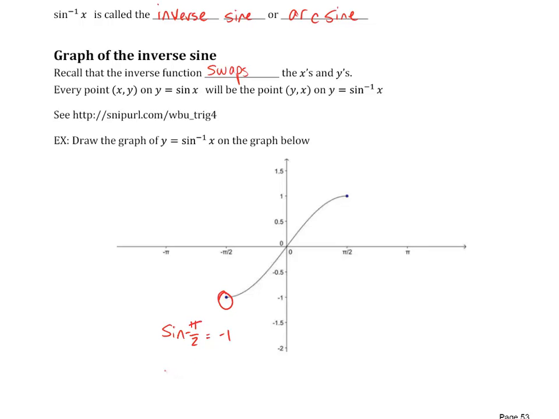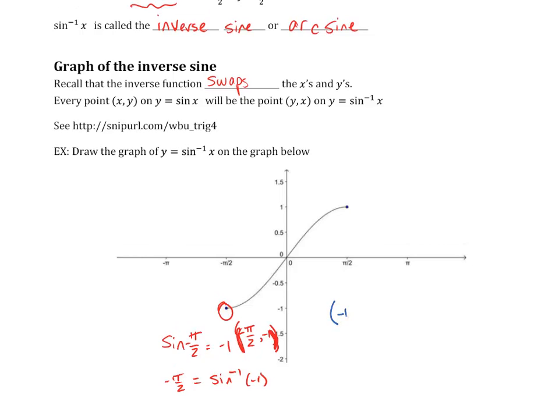Well, that also says that negative pi over 2 is equal to the sine inverse of negative 1. All right, that's what the definition of the inverse sine tells us. So the point negative pi over 2 comma negative 1 is on the sine function, okay, but now the point negative 1 comma negative pi over 2 is on the inverse sine function.